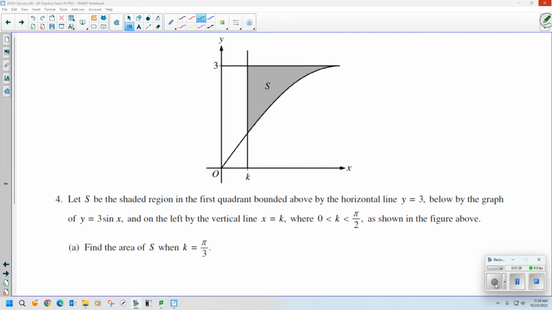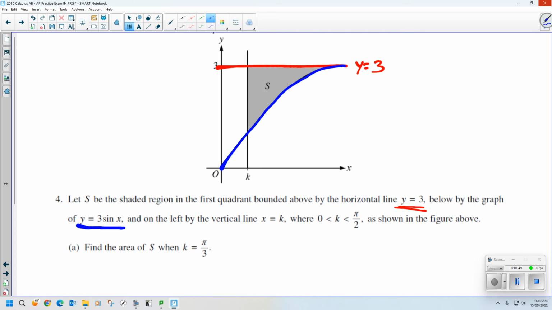Let's begin by figuring things out here. Y equals 3 is this line right here. Y equals 3 sine of x is this curvy thing right here.